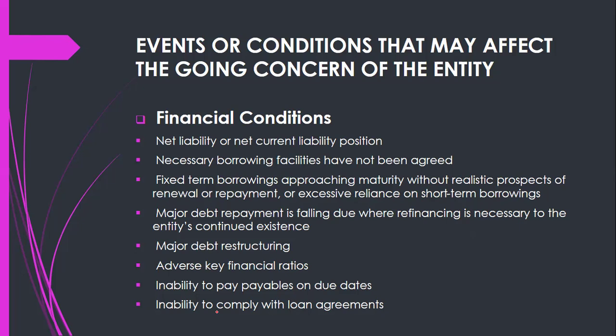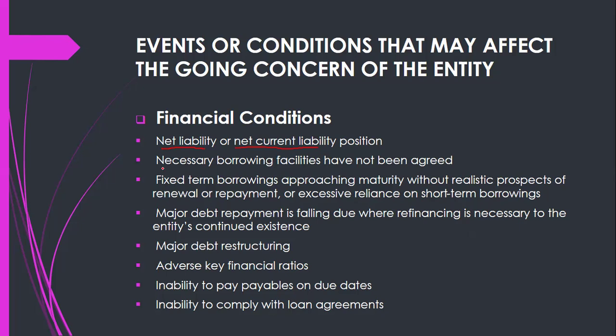So financial conditions, one, net liability or net current liability position. If the company has a lot of net liabilities, or a lot of current liabilities in comparison to the current assets, so if you calculate the current ratio and it is low, it means there's a problem, or maybe that's an indicator of a going concern problem for that particular entity, right?